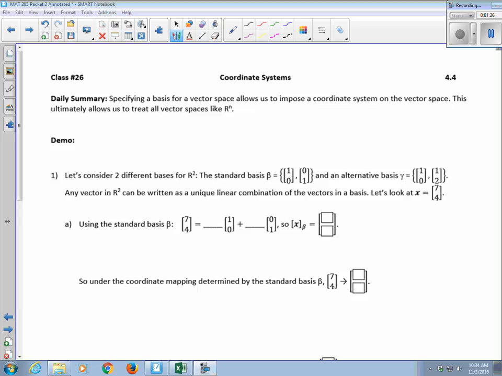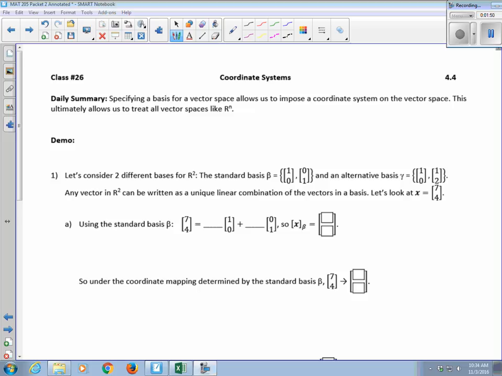There's more than one choice of basis for any given space. But when you choose a basis, that allows us to impose a coordinate system on that vector space. And it allows us to treat all vector spaces like Rn, which is really great because Rn is really intuitive to us. We've been working with Rn for a long time.